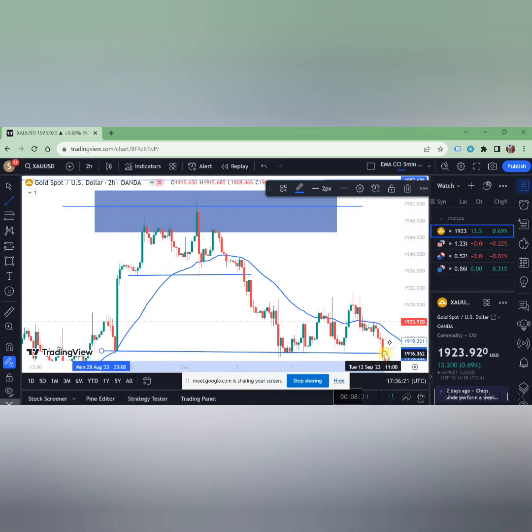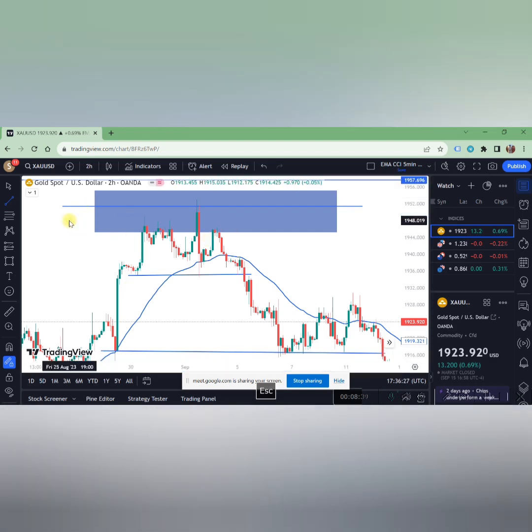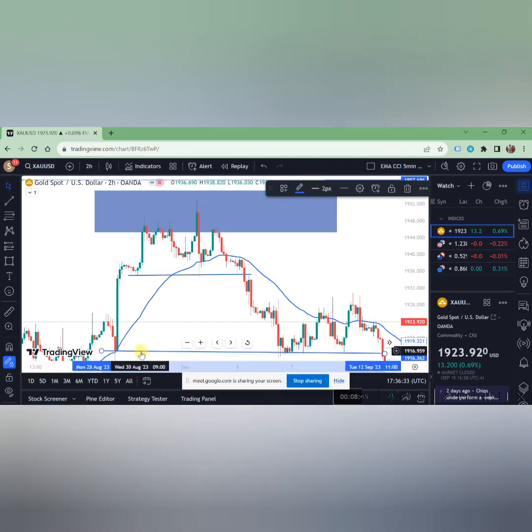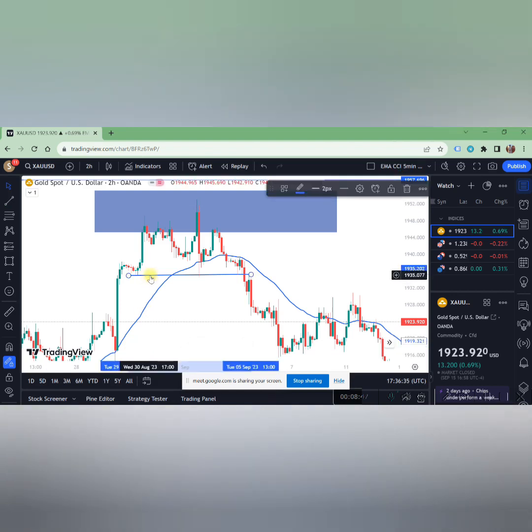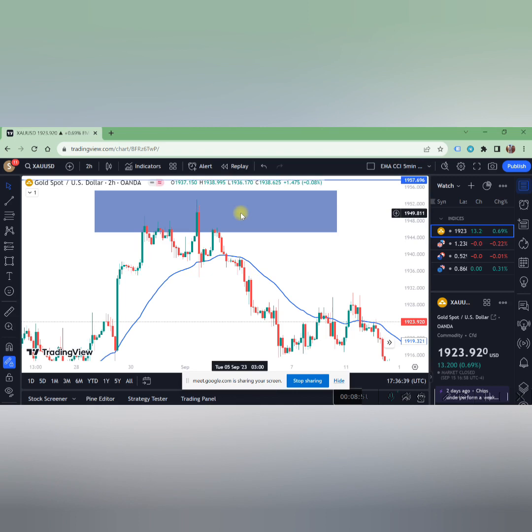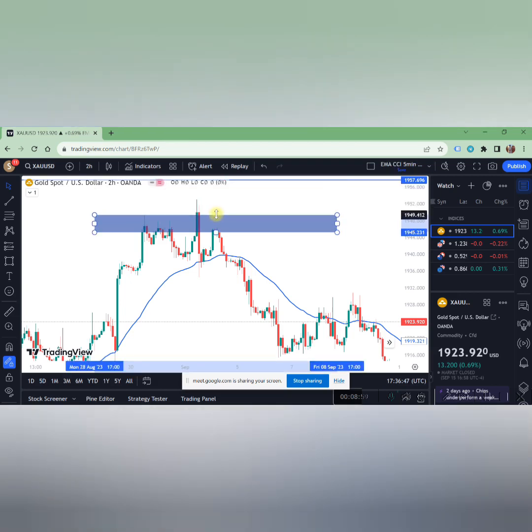We are used to using lines for support and resistance to make it easy for people to understand. However, the support and resistance area is not a line, it's not a point, it is a zone. It's an area. So it's not usually just one point, it could be bigger.